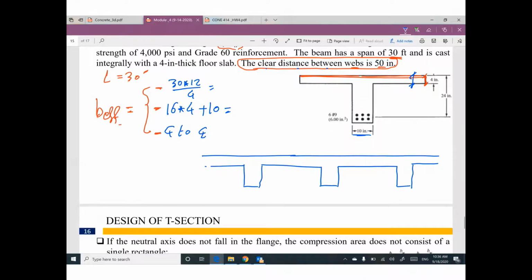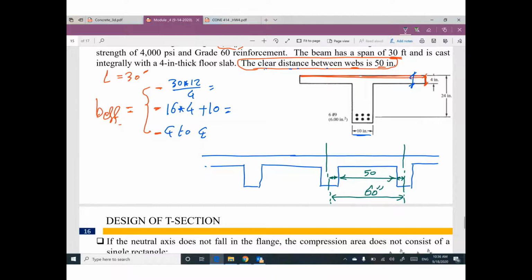Clear distance means the distance between this side and this side, which is 50. But we are looking for the distance between center line and center line. So you have to add 5 from this side and another 5 from this side, so it will be 60 inch.